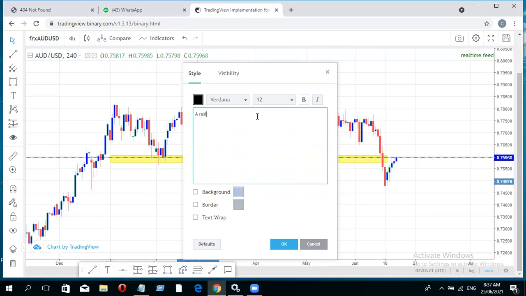They think it's just one straight line, or any little thing they think is broken. It's not a number. So a resistance or support is not a number, it is an area.